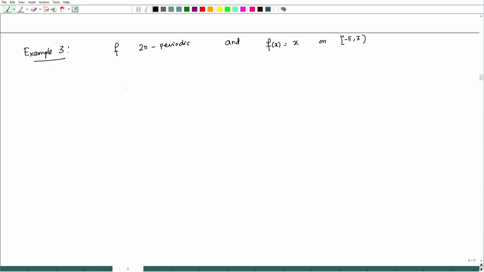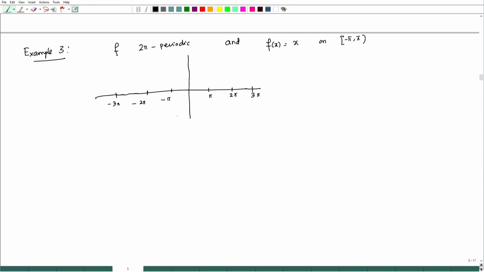Then, unlike the previous example, look at the graph of this function. This is pi, this is 2 pi, this is 3 pi, this is minus pi, minus 2 pi, minus 3 pi, like this.